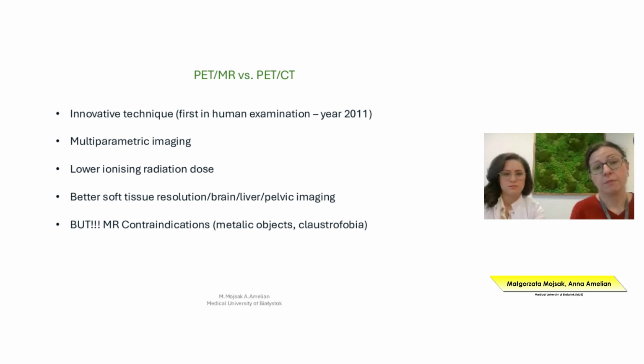PET MR examination takes longer time. It's not the best solution for patients that are suffering from severe disease and are in a very bad condition. So we cannot use this technology, but we should apply PET-CT technology instead.